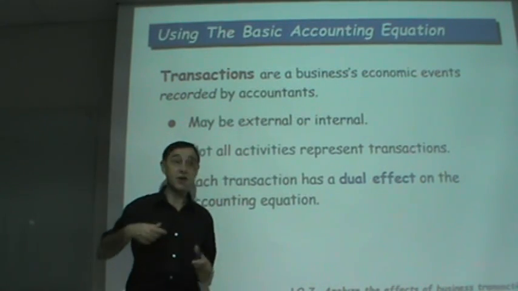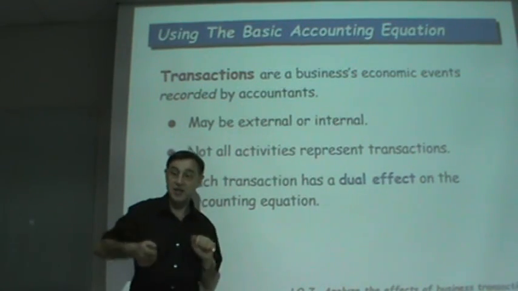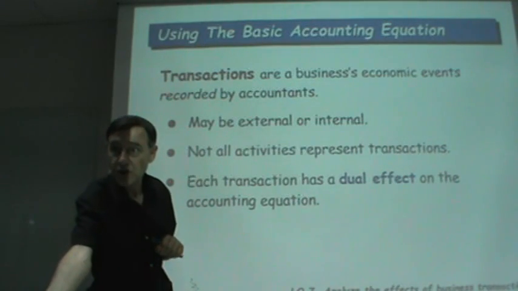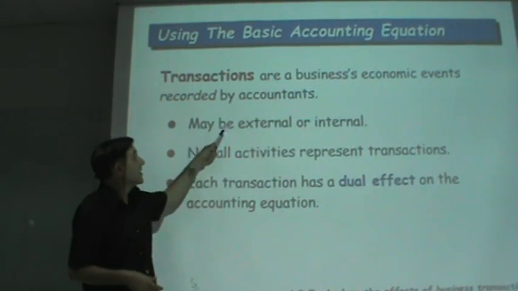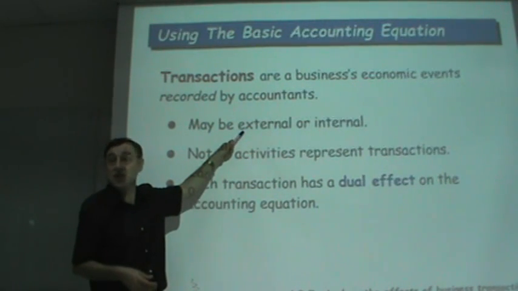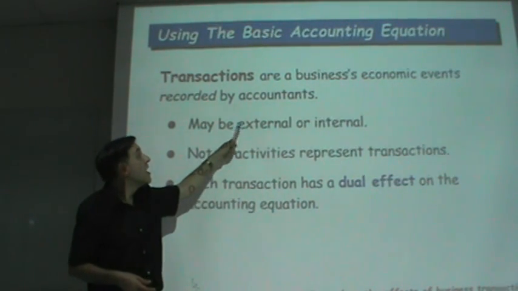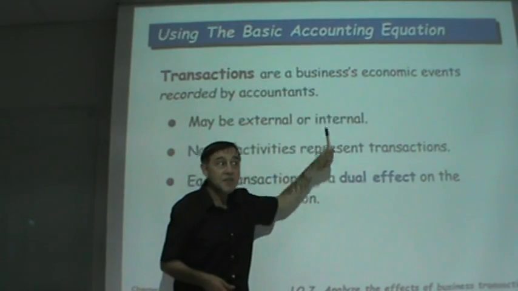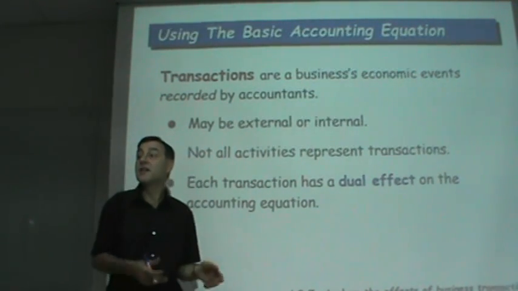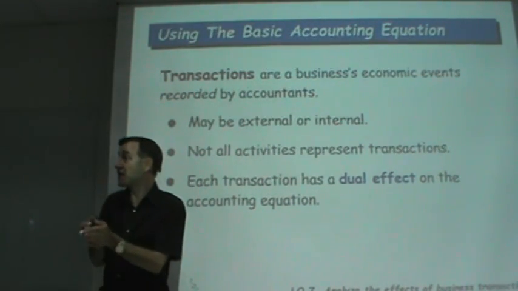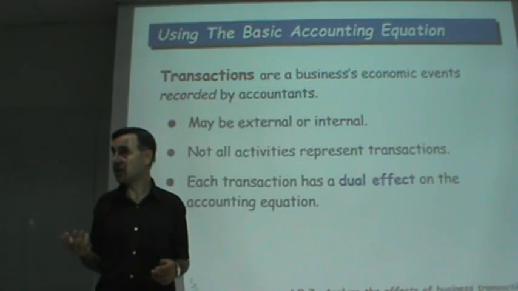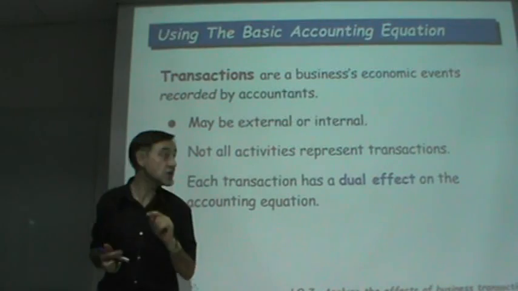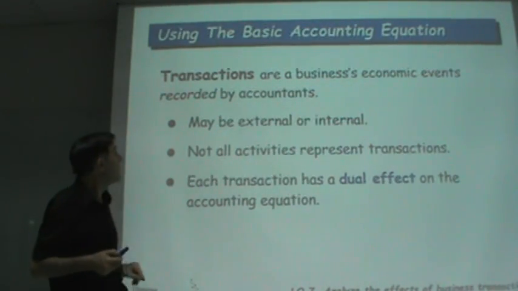Now, a transaction goes two ways. You deliver the lunch, he pays you 50. That's an example of a service. But it could be internal. Internal is when the end of the month comes, and you have to pay salary to the employee. That's an internal transaction.